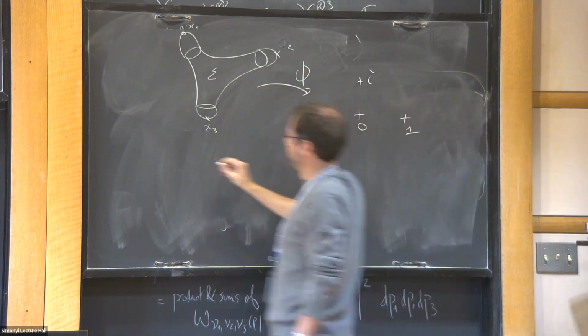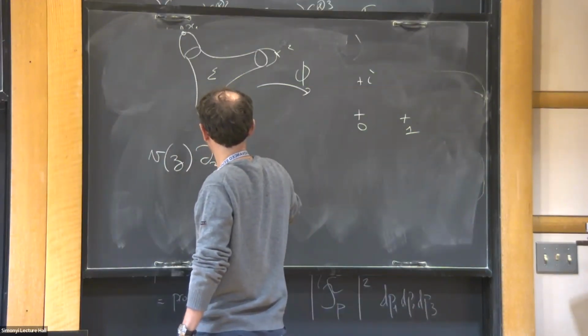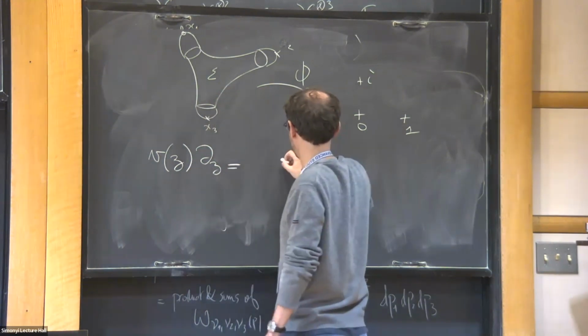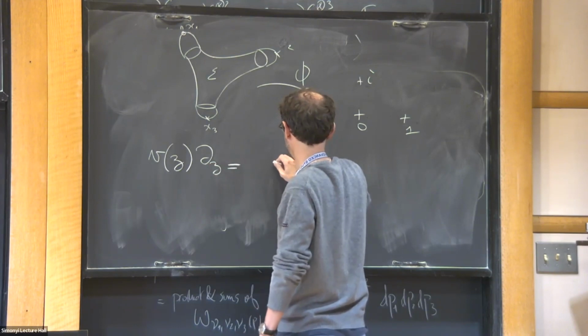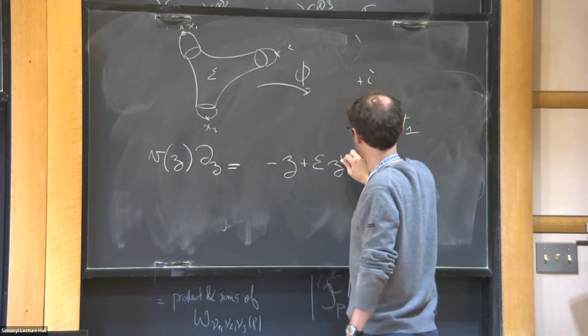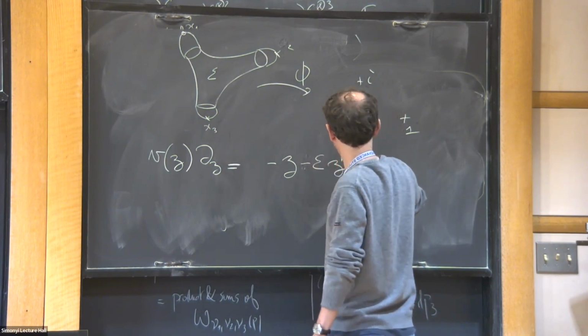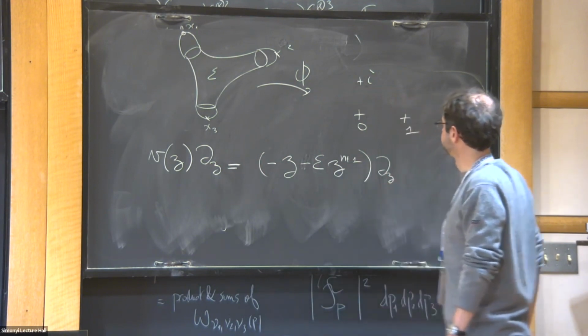And I will use a vector field, v(z)dz, which is going to be a little bit like what Remy said, minus z plus epsilon z, or minus epsilon z to the power n plus 1, dz.